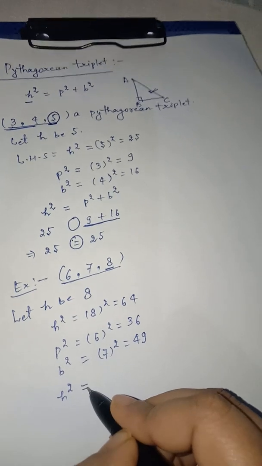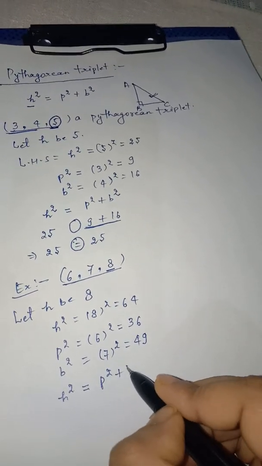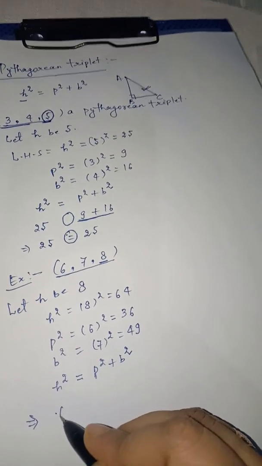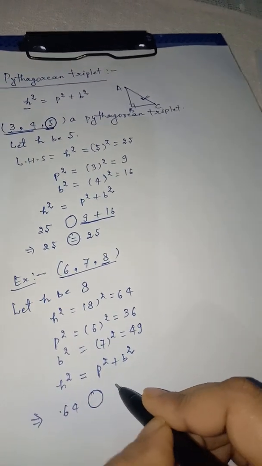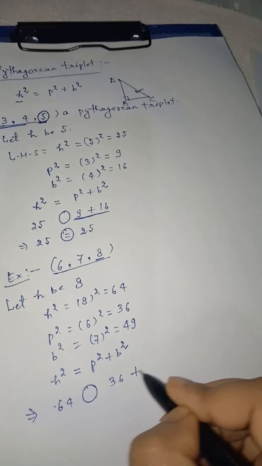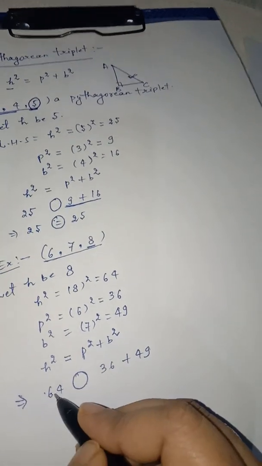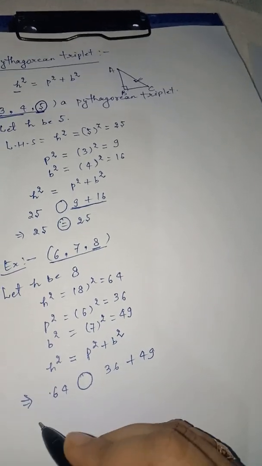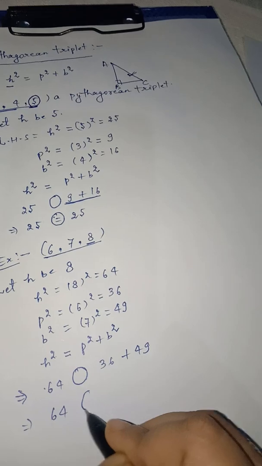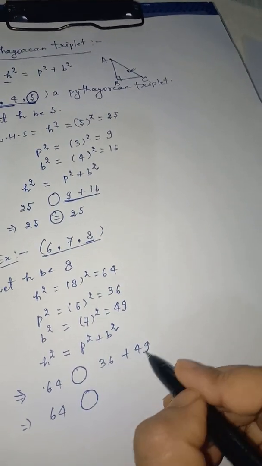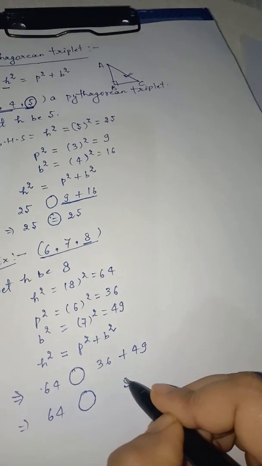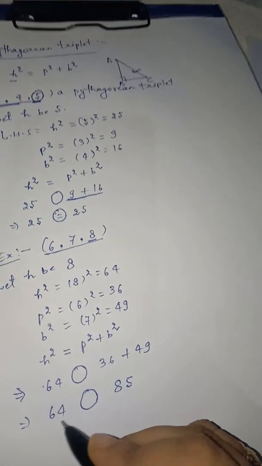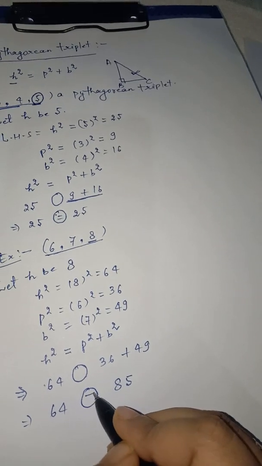Now h square should be equal to p square plus b square for a Pythagorean triplet. Here we will check. H square is 64. P square plus b square is 36 plus 49. Are LHS and RHS equal or not? So 64 and the addition of these numbers, 36 plus 49, is 85. 64 and 85, both numbers are not equal.